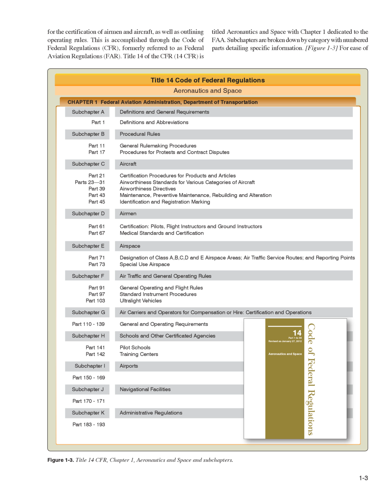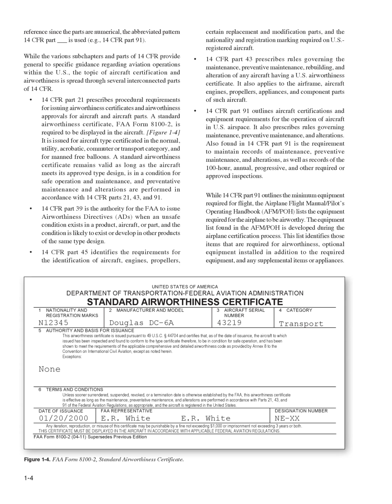Title 14 of the CFR, 14 CFR, is titled Aeronautics and Space with Chapter 1 dedicated to the FAA. Subchapters are broken down by category with numbered parts detailing specific information. Figure 1.3. For ease of reference since the parts are numerical, the abbreviated pattern 14 CFR part _ is used, for example, 14 CFR part 91.